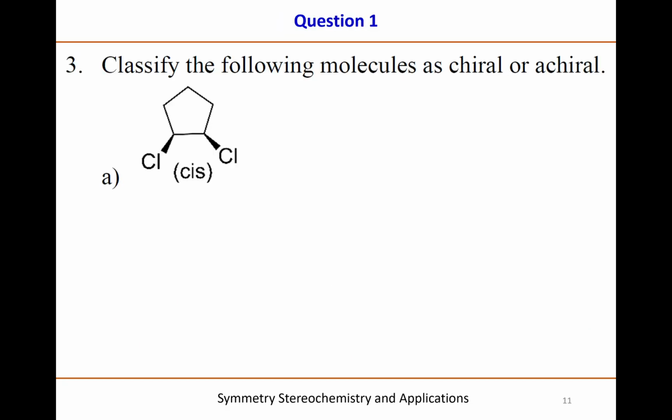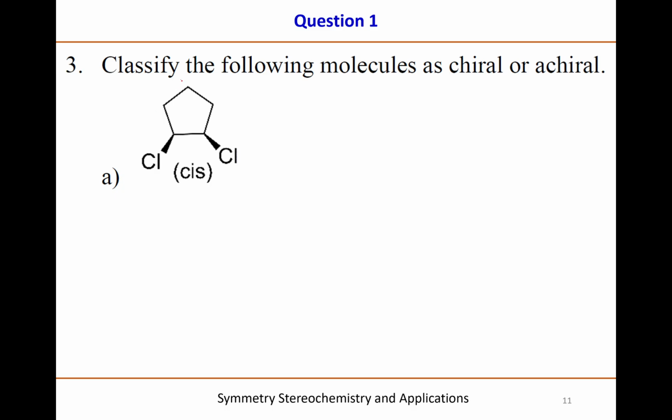The next question is: classify the following molecule as chiral or achiral. Again we have to think about the symmetry elements. We have already discussed the point group. In a point group, when a plane of symmetry is there, the molecule will become achiral, while the absence of a plane of symmetry shows that the molecule is chiral.